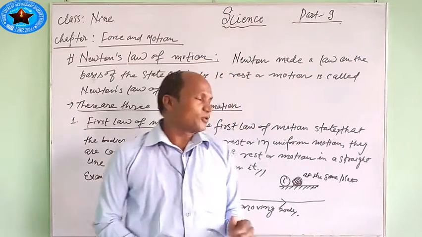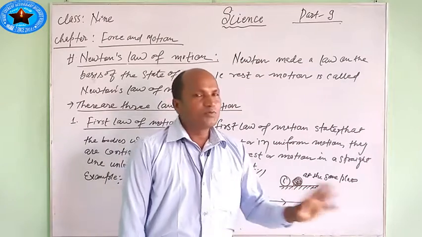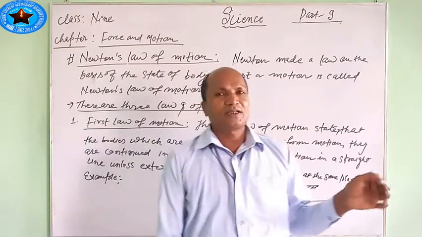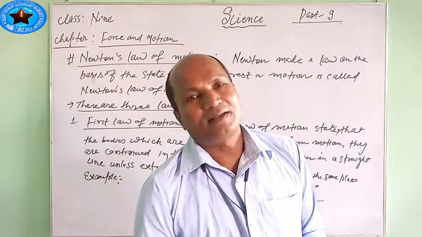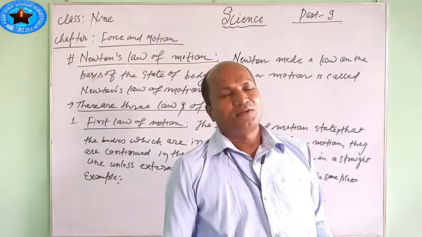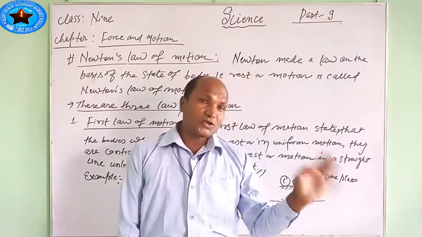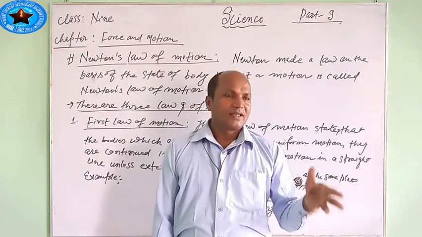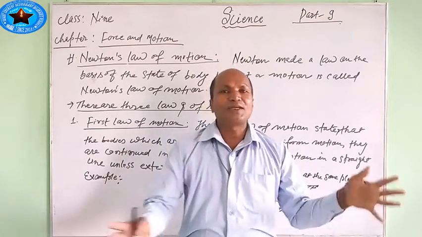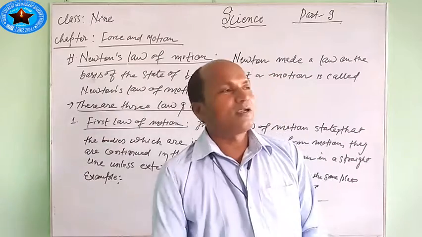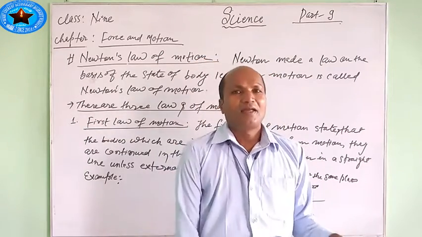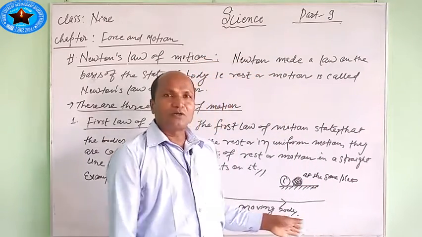But we know that after kicking the ball, it moves, and after traveling some distance, it comes to rest. Why? There are also external forces acting on the body, like gravity and friction. These two external forces act on the moving body, and after some time, it comes to rest.